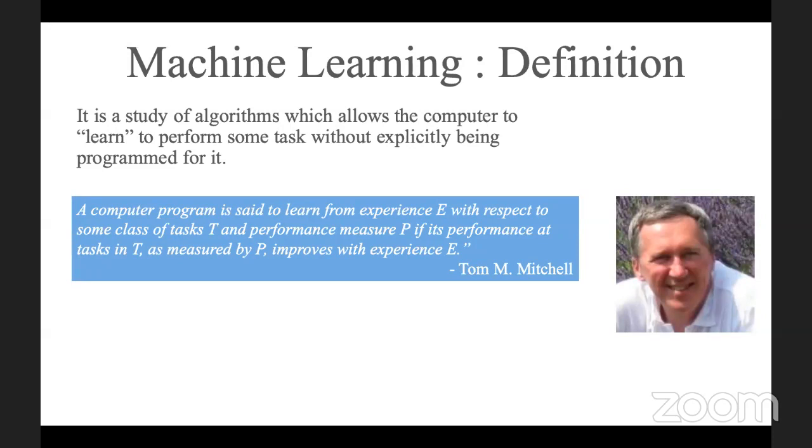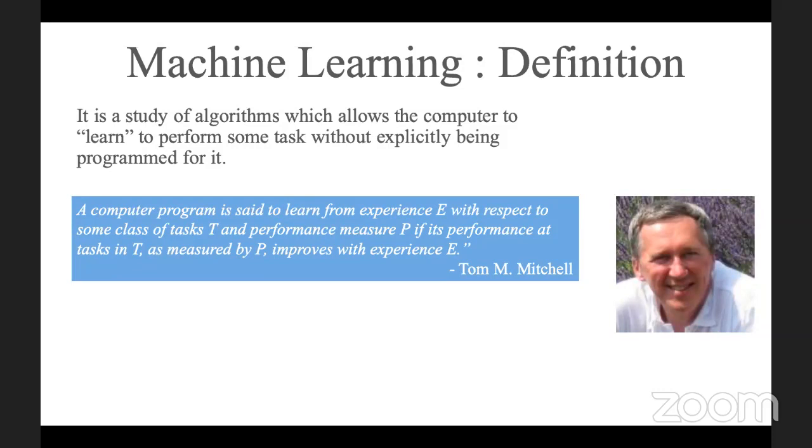So it basically means we should have an algorithm which, provided we give it data to train on, or maybe some online data in reinforcement learning, should somehow tweak itself so that it can perform the same task better.